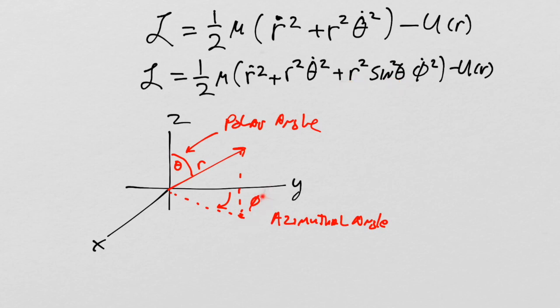But the azimuthal angle only shows up as its derivative, and we remember that the Lagrangian is a function of r, theta, phi, r dot, theta dot, and phi dot, and we treat these as independent variables. That confuses people a lot because it seems like r dot really should depend on r. But not necessarily.